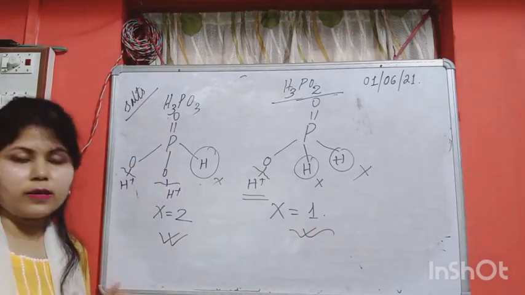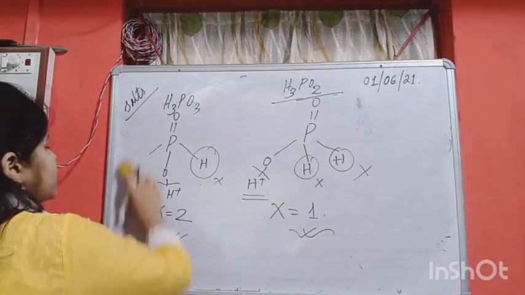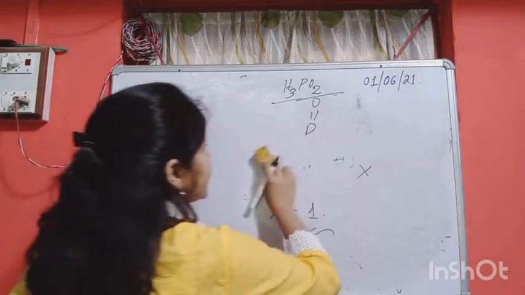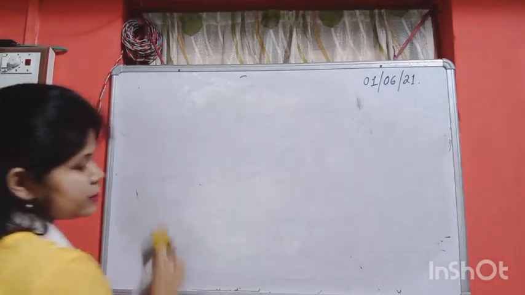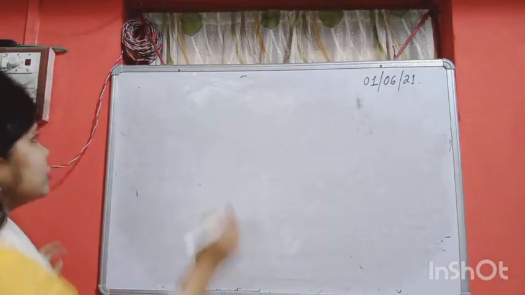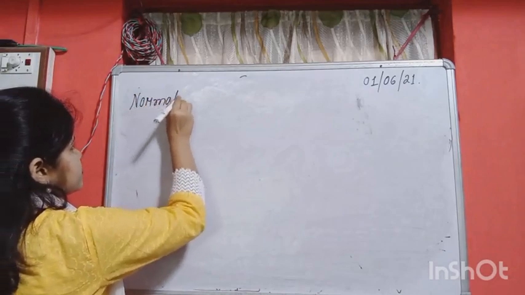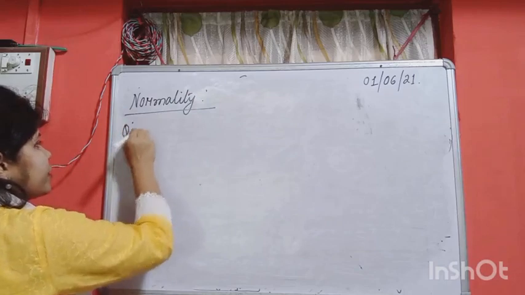These are very important. Okay, now let's do a problem on the normality question. We know that the normality formula is what? Number of gram equivalent of solute divided by the volume of the solution in liter. So, normality has this formula. So, let us do an example. We are taking a question.